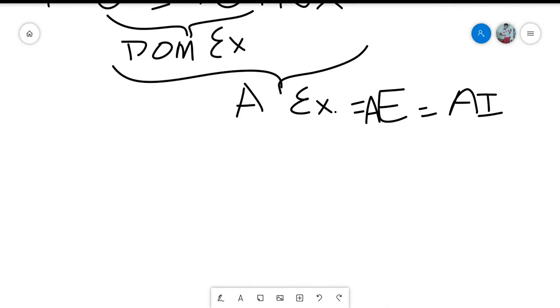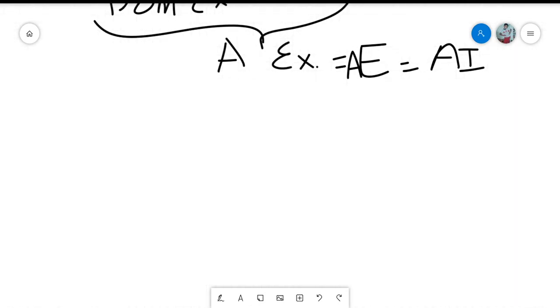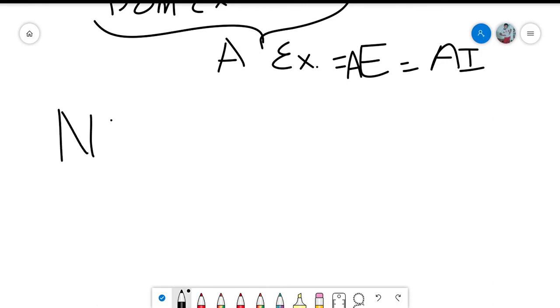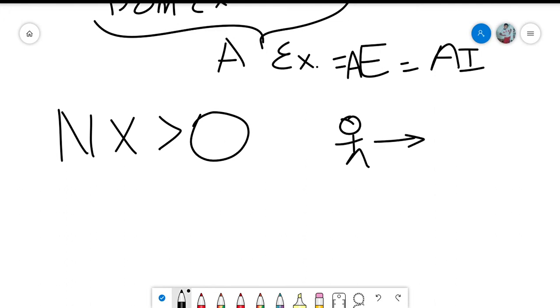Now, we're saying that if net exports is greater than 0, that means that we're giving out more stuff. Like, let's say this toy is going out, but we're getting less toys.